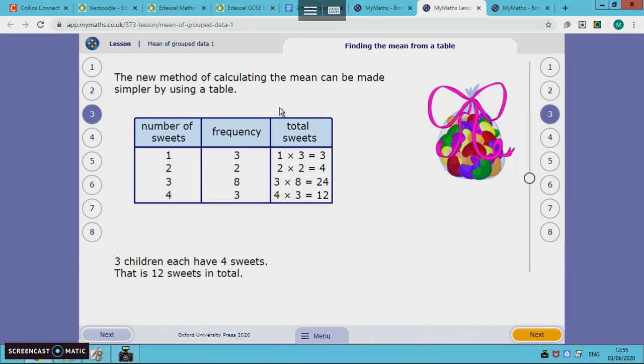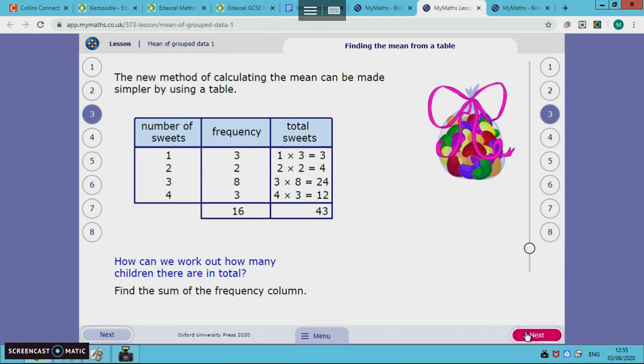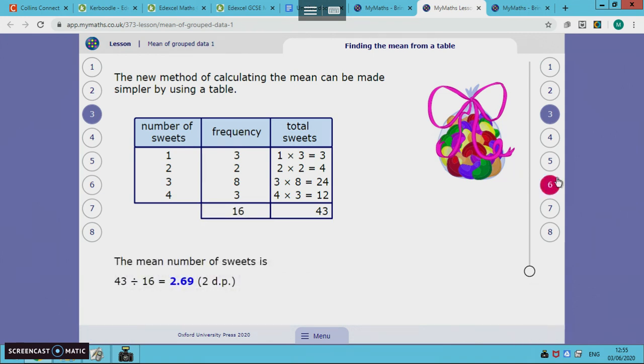You would have to put this extra column next to the frequency table. We usually call this X, this is usually called F, and this is usually called Fx, as in F times X. That third column. What we would do next is add up the total sweets column, which gives you 43, add up the frequency, which is the number of children, 16, 43 divided by 16, and again you get that same answer. So you can see how that's transferred across.